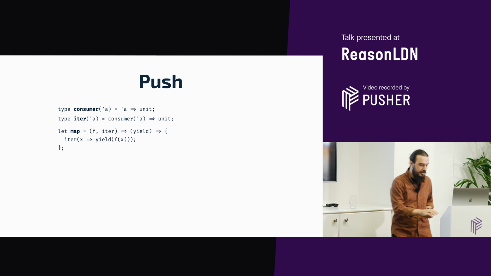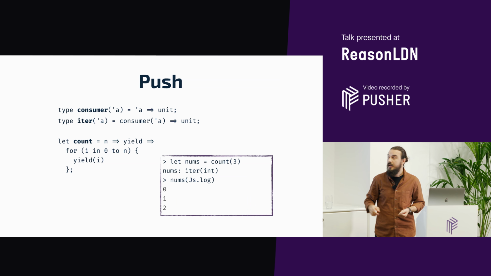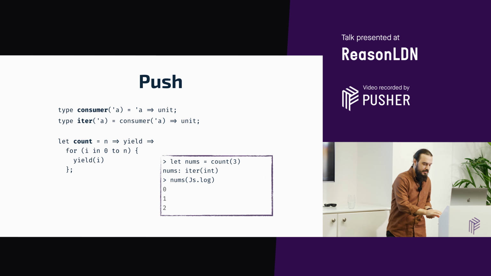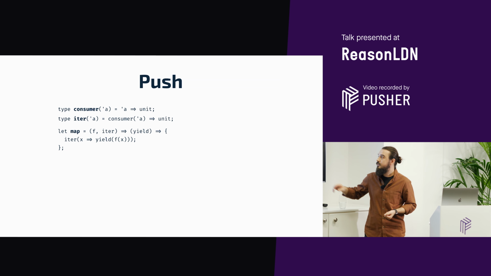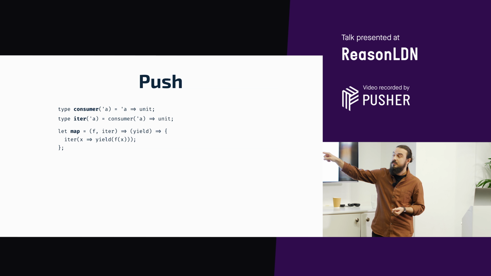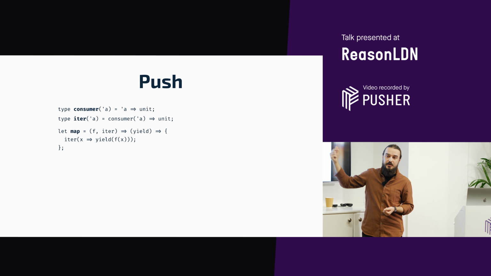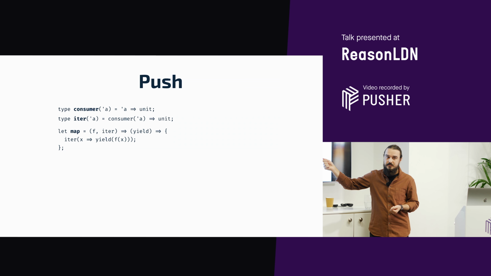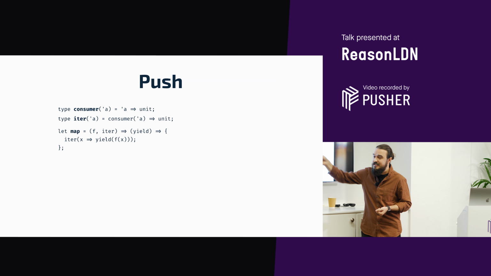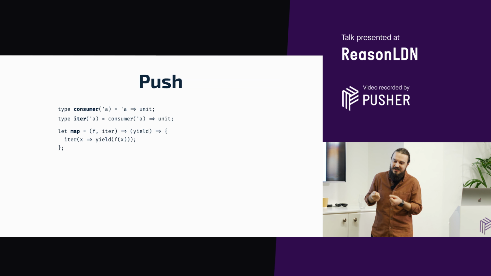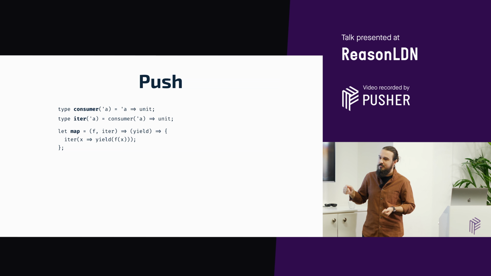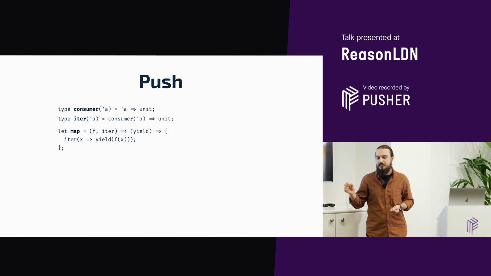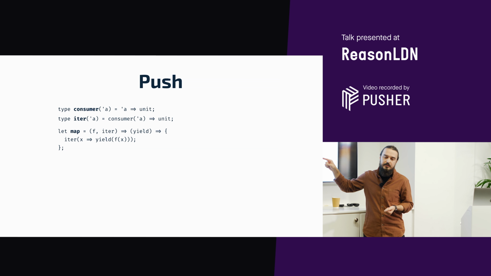And we saw here that if we pass a consumer to our producer, things happen. So in this case, if we call iter, which is our producer, with that new function, we know that the final iterator itself will use that consumer, right? And in this consumer, we're intercepting essentially that consumption instance, and we are applying f before it actually consumes the value. Right before we consume the value with yield, we apply f.